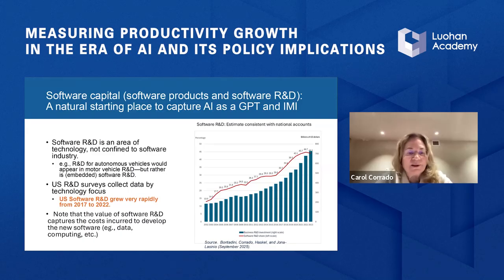And it turns out the U.S. National Science Foundation, which designs the R&D surveys for the United States, has collected data by technology focus for a very long time. And it has included software in that group of categories since 2001 or 2.